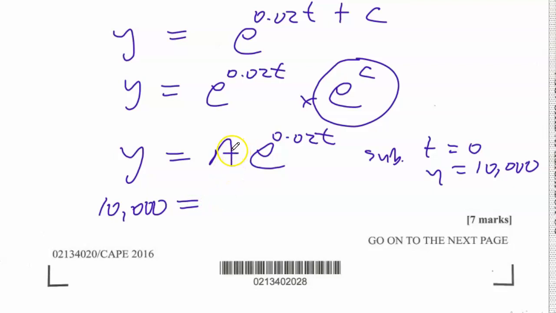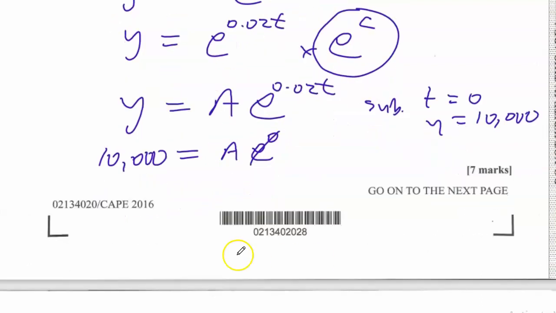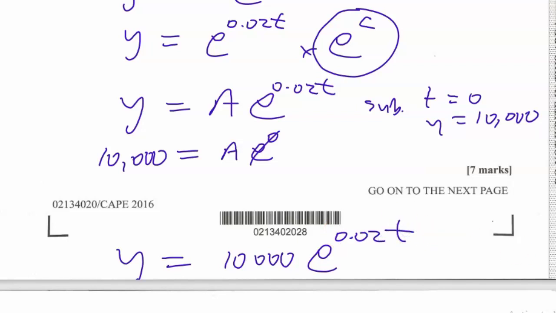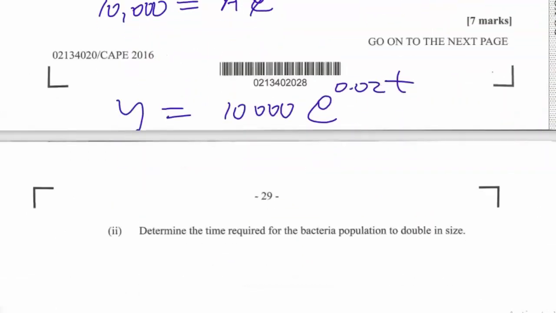We have e to the power 0, which is 1. So a is 10,000. Therefore we end up with y equal to 10,000 times e to the power of 0.02t. That's what we're asked to show.